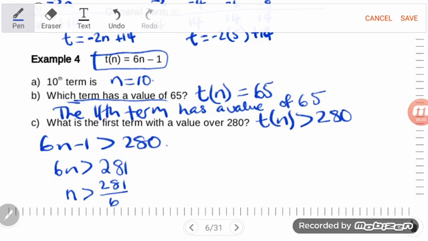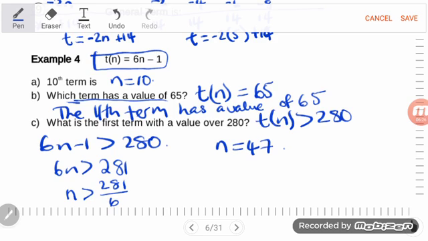281 divided by 6, which does not give us a whole number. So because of that, we would definitely round up. Because to me that would say that 46 would give us a number below, so n would be equal to 47.